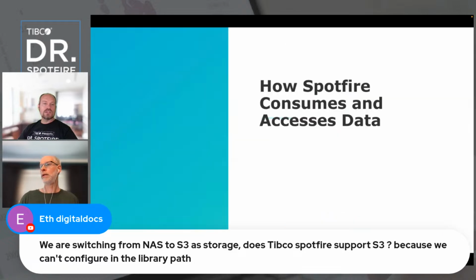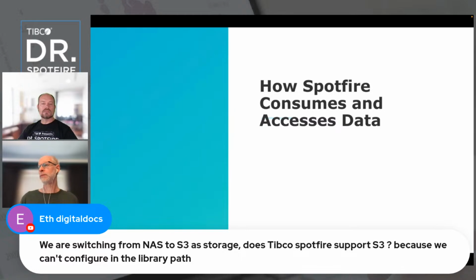Digital Doc says we're switching from NAS to S3 as storage. Does typical Spotfire support S3? Because they can configure it in the library path. Not sure which library path. I mean, we do support S3 for the Spotfire library itself. The instructions in the manual are for storing the library on S3.